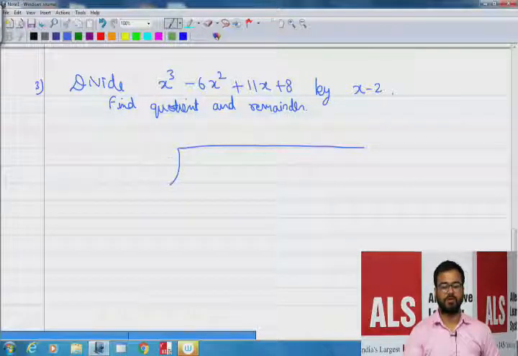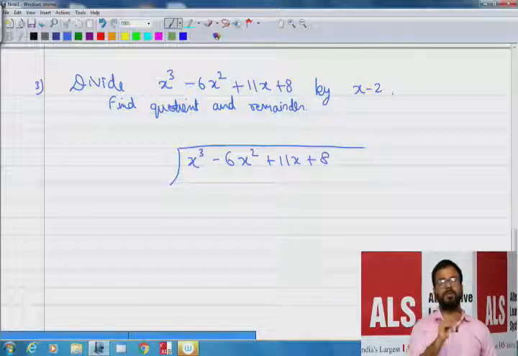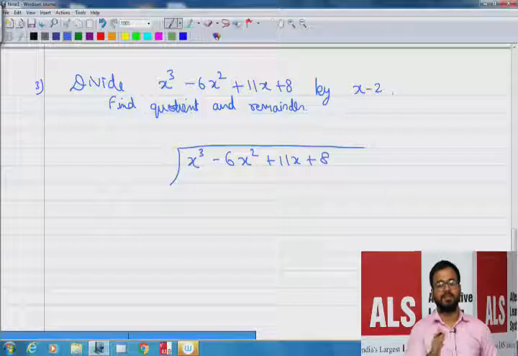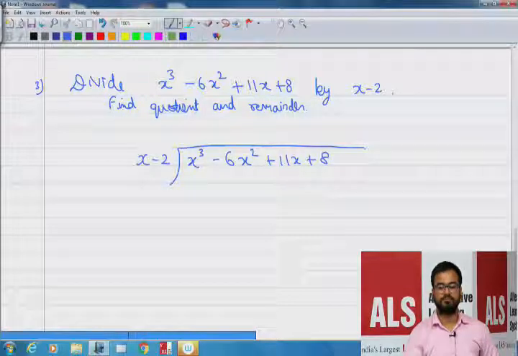In the long division process, x cube minus 6x square. First we have to make sure that the dividend should be in the standard form. Standard form means in the order of the degree from highest to lowest, and divided by x minus 2. Now first we will multiply by x square, so it will become x cube minus 2x square.